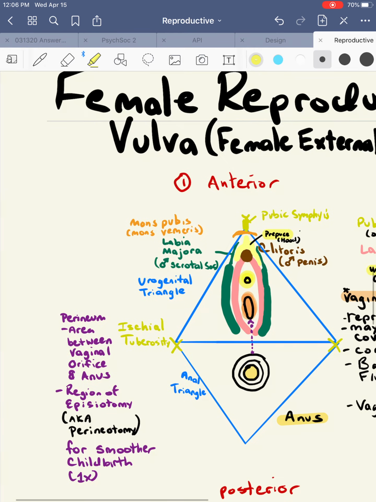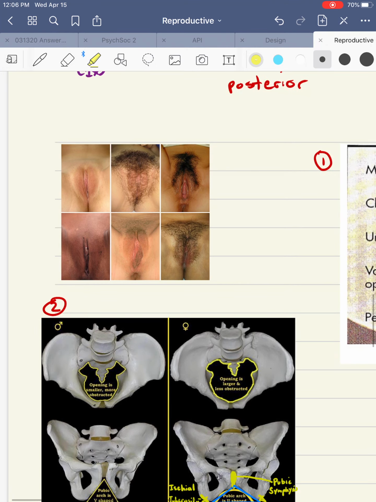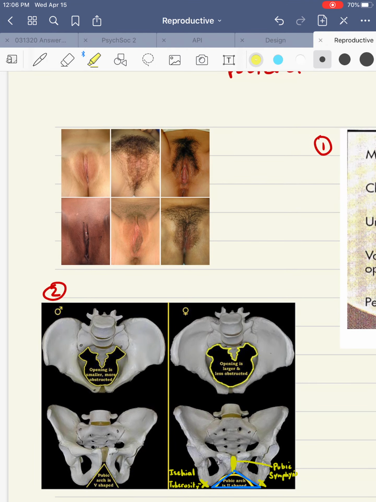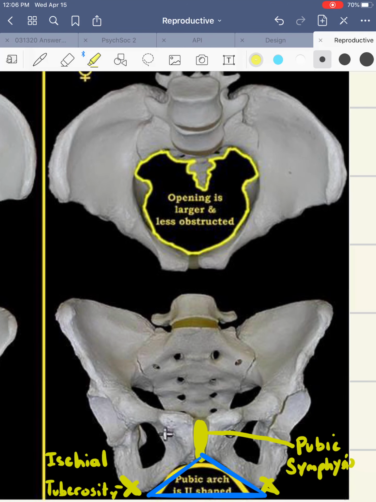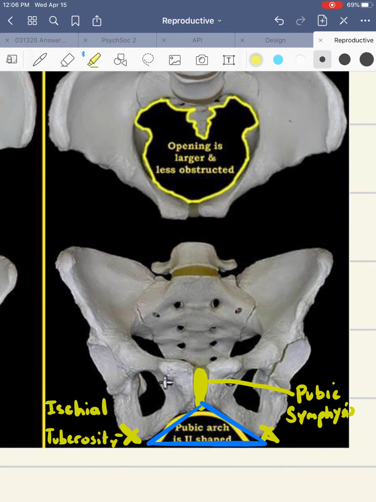Remember last semester we talked about the hip bone, right over here. This is the hip bone. The pubic symphysis is a type of cartilage, and that actually connects two of the hip bones together, the two ischiums together, right?